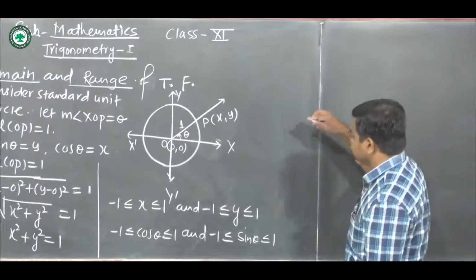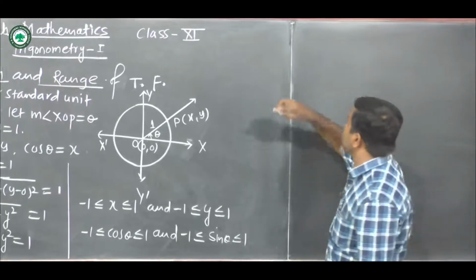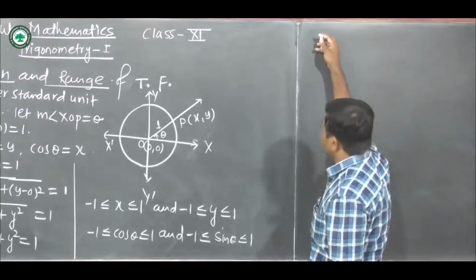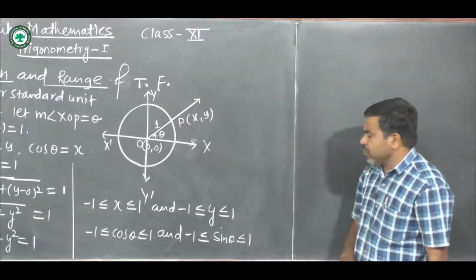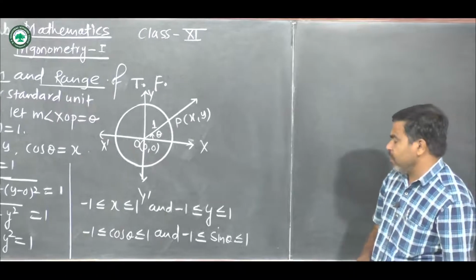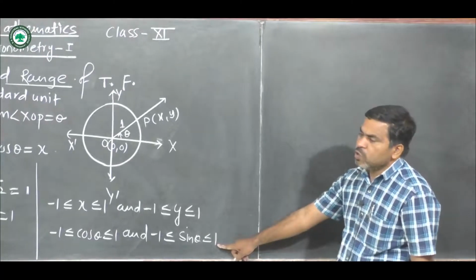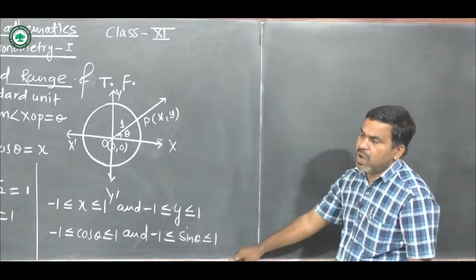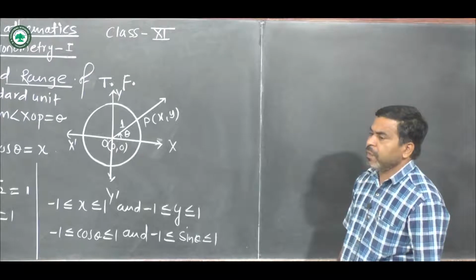So therefore the range of cos theta is the closed interval minus 1 comma 1. Similarly, the range of sin theta is minus 1 is less than or equal to sin theta is less than or equal to 1. So sin theta and cos theta have the same range.